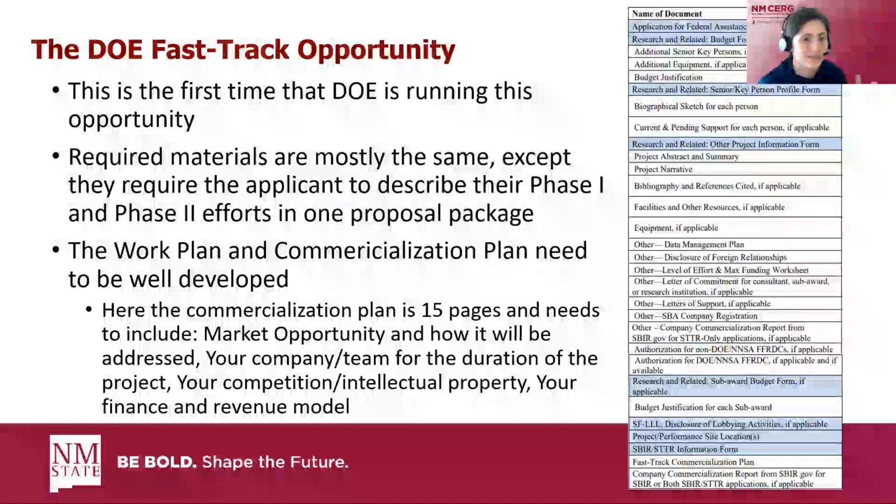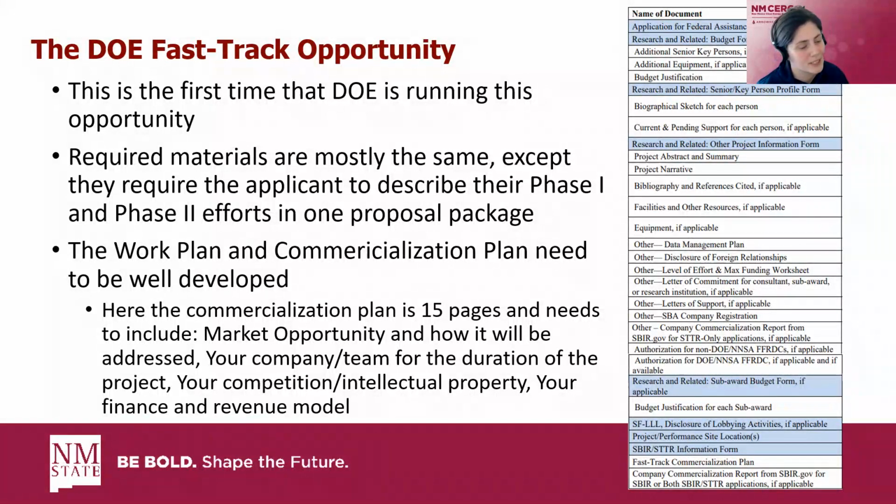But for the fast track opportunity, the commercialization plan is limited to 15 pages. So it's jumped a lot from the 4 pages with the traditional phase one. And it needs to include very well developed sections that talk about your market opportunity. How will it be addressed? Who is your company and team for the duration of the project, for the whole 33 months?